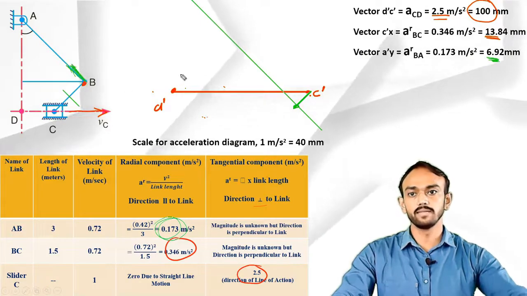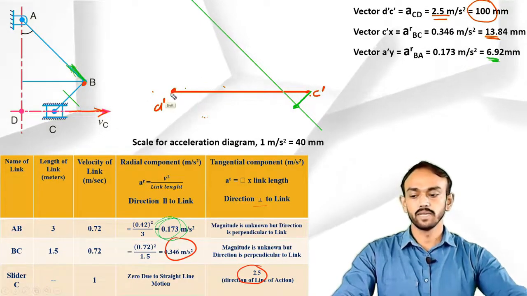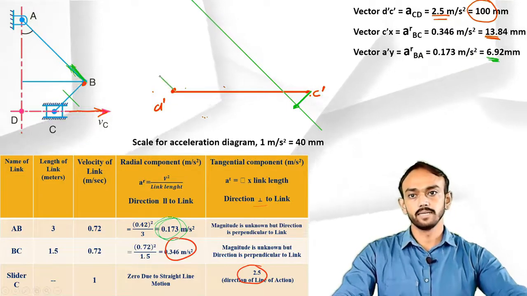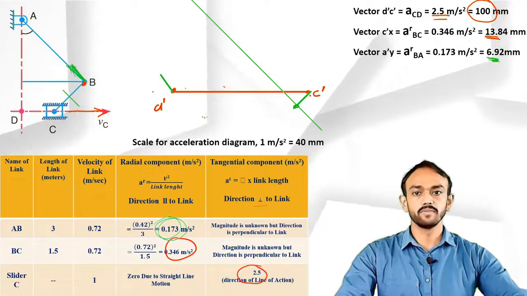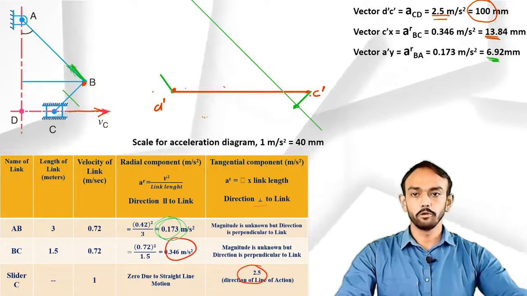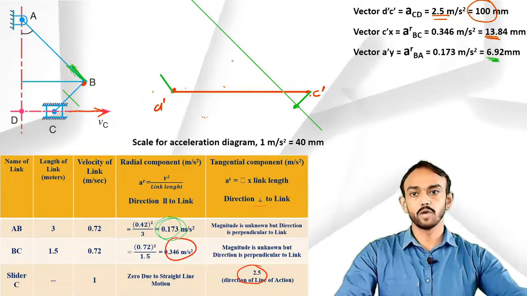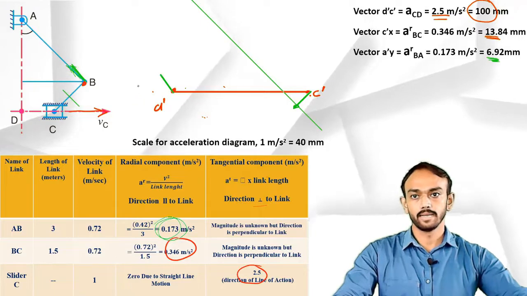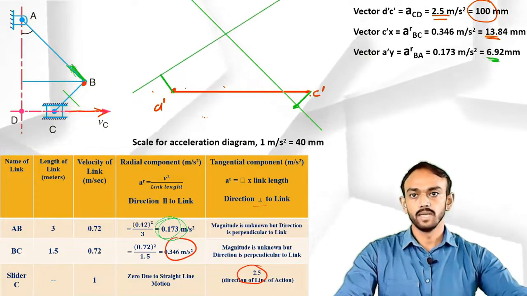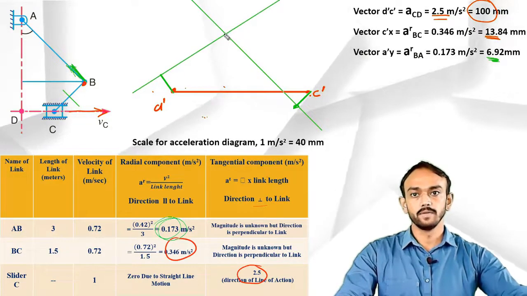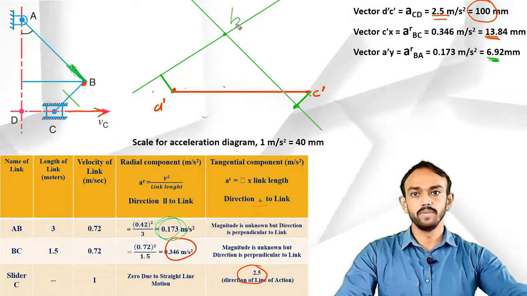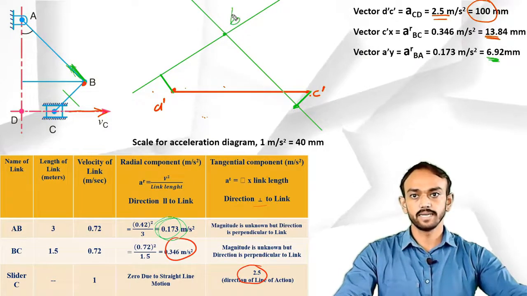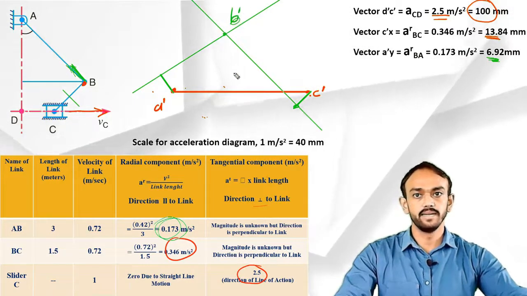So I will draw this line from here. You can check this. Now you can see here we don't know the magnitude, but we know the direction. So I will draw here perpendicular to the link, like this. And the intersecting point will give me the B dash.